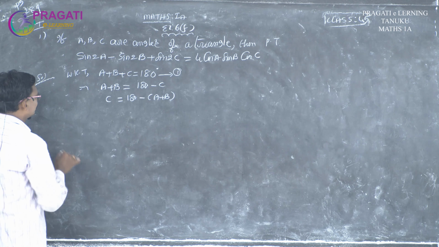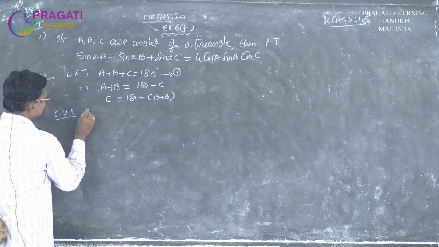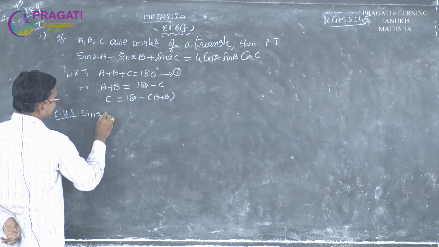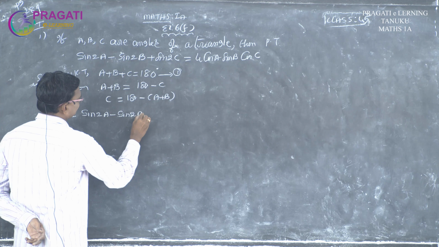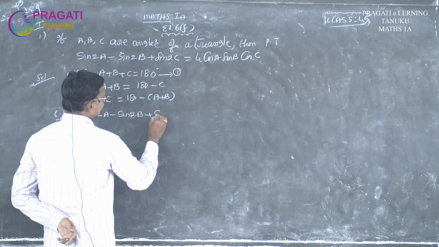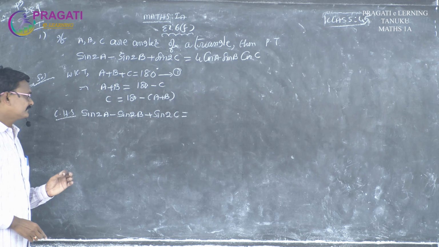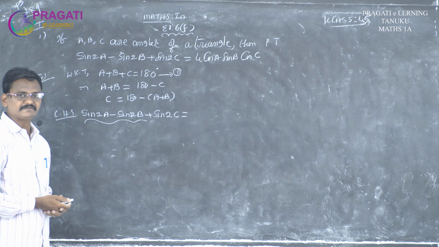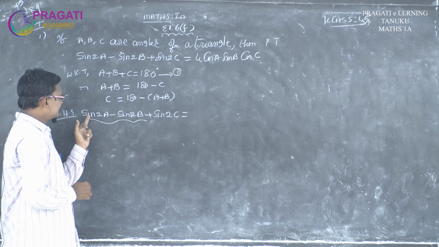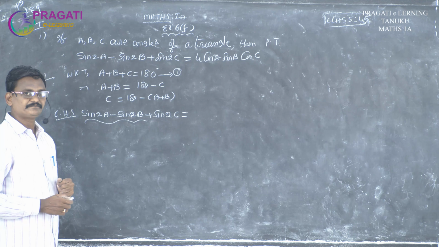Now we take the LHS, that is sin 2A minus sin 2B plus sin 2C. For the first two parts, apply the transformation formula. Here the sin C minus sin D formula is applicable.